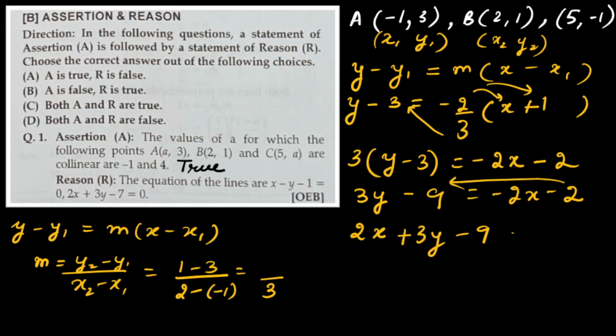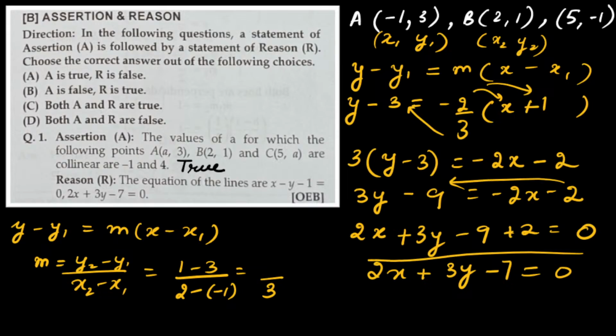Minus 2 when I shift it will become plus 2 is equals to 0. So 2x plus 3y, then minus 9 plus 2 is minus 7 is equals to 0. So this equation we are getting of line AB because we used the coordinates of AB. So AB equation is 2x plus 3y minus 7.